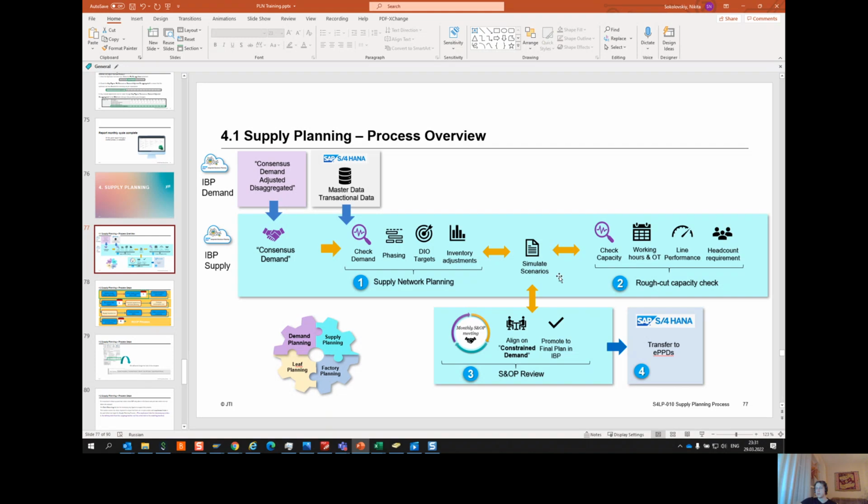Then they start running those scripts called heuristics and optimizer, and they start simulating different scenarios. There is such a what-if principle.